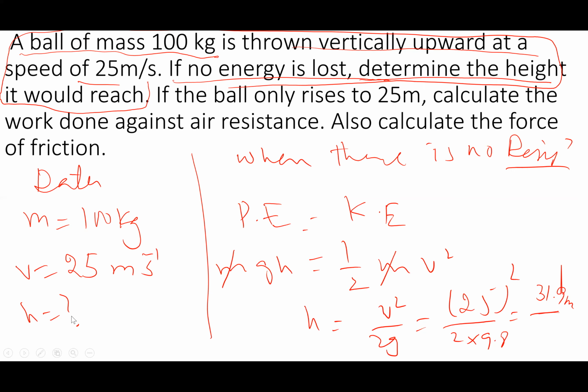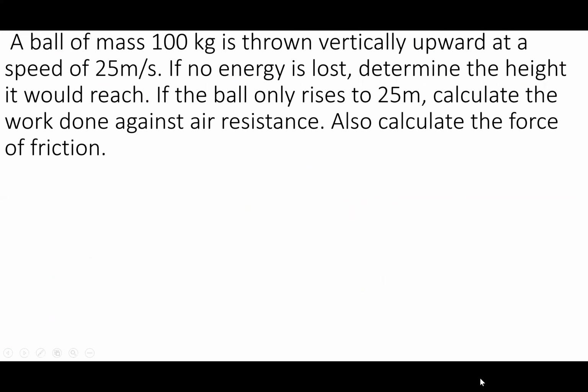When there is resistance, you will change the theorem. Determine the height h. Now look, if the ball only rises to 25 meter, the height is changed to 25 meter. Calculate the work done against air resistance. Also calculate the force of friction.